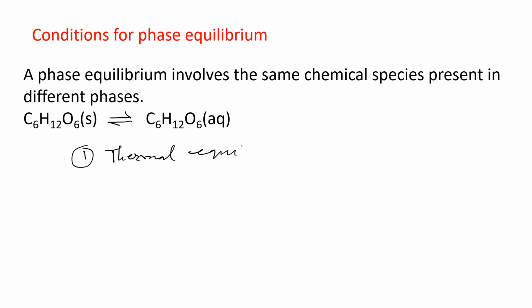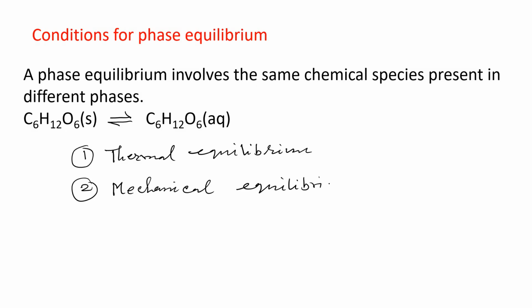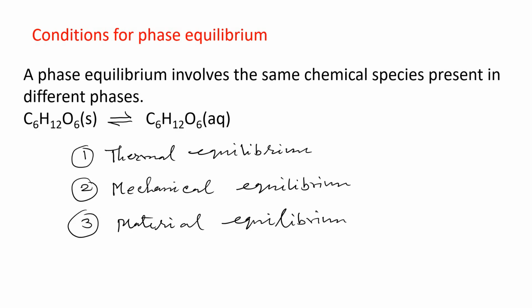Second one is mechanical equilibrium. And third one is material equilibrium. Okay. Now one by one I'll explain it.